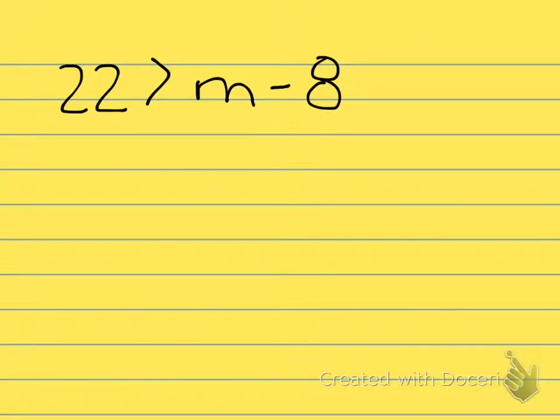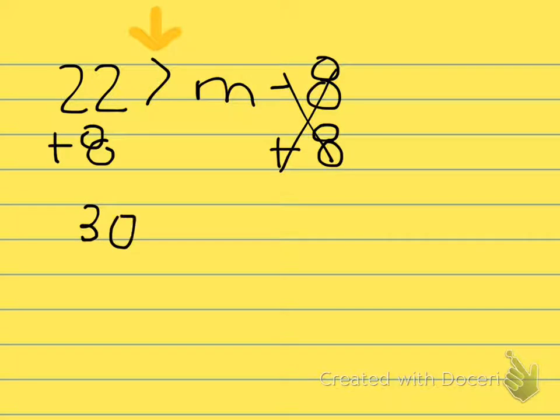This one we're going to solve for m. So like I said in the beginning, we're solving just like a basic equation, and instead of bringing the equal sign down, in this case we're going to bring the inequality symbol down as we solve. So we're going to solve for m by adding 8 to get m by itself, and we get 30 is greater than m.